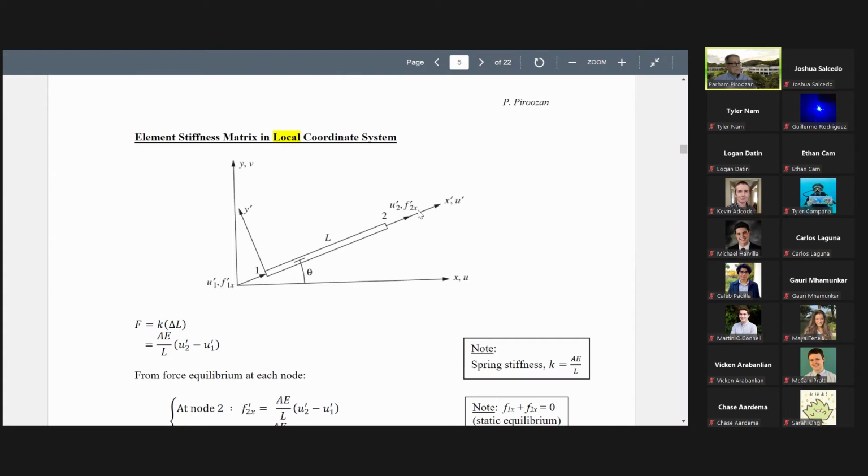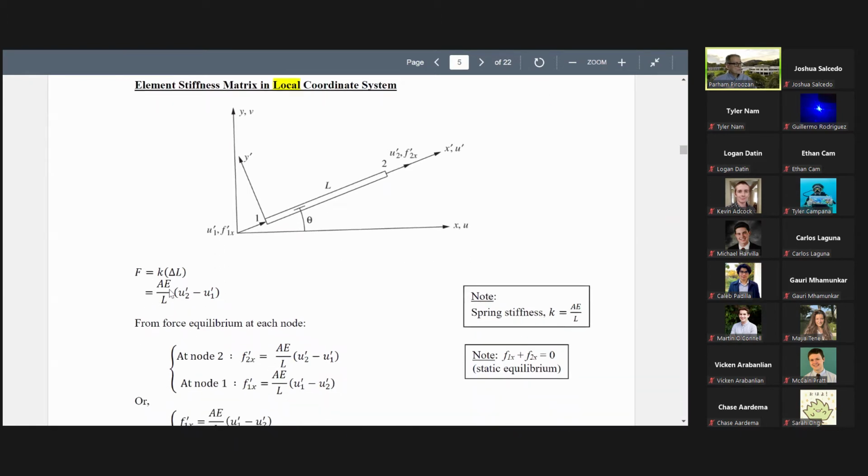At node 2, the force is F2x prime. The displacement associated with this force is u2 prime. Well, we know that we can write F is equal to K delta L. This works like a spring, so it is AE over L times u2 prime minus u1 prime.